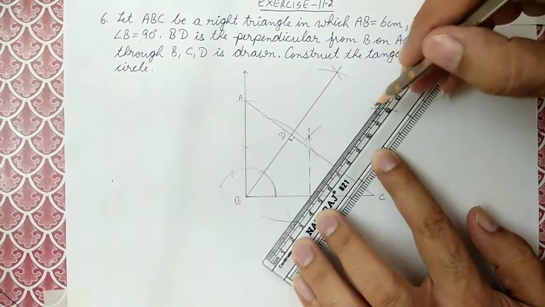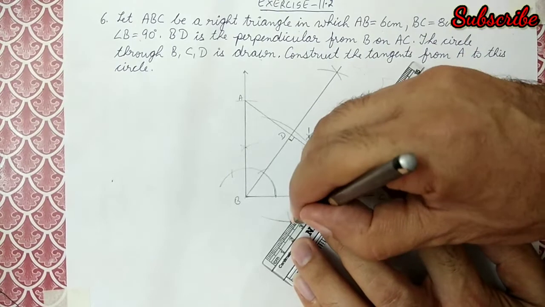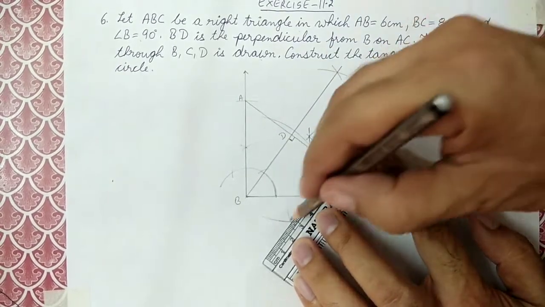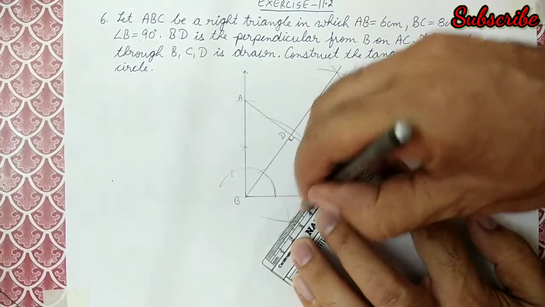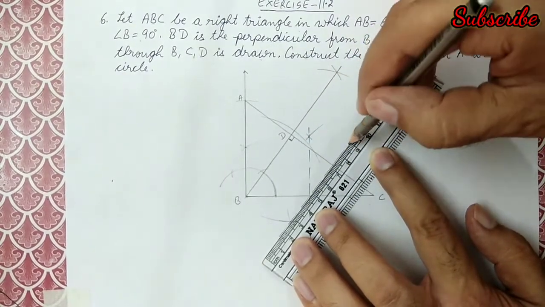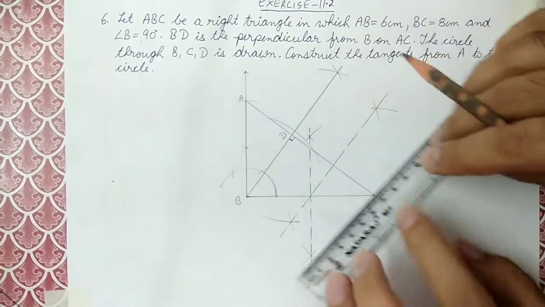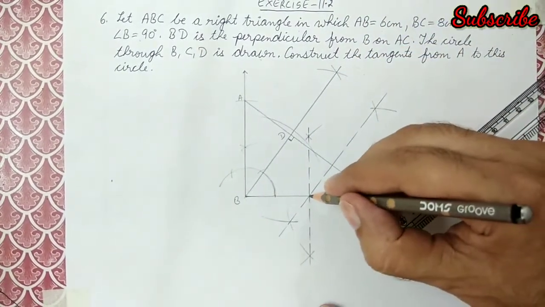So BCD is basically a right angle triangle. And the side opposite to the right angle is the hypotenuse. So it means BC is the hypotenuse, and you can see I have exactly got the center on the midpoint of the hypotenuse.